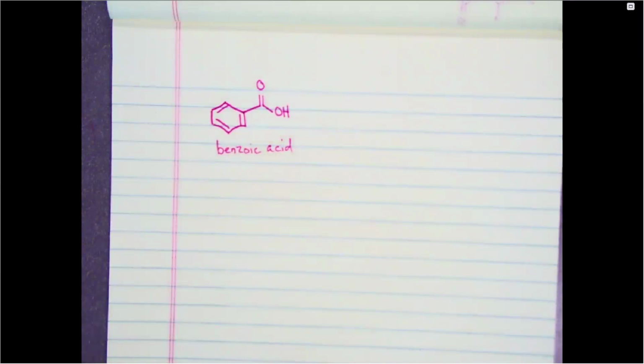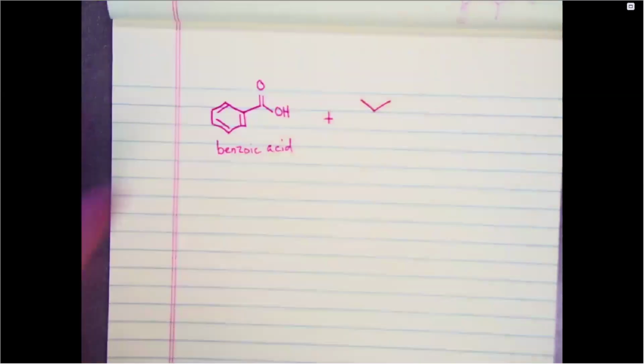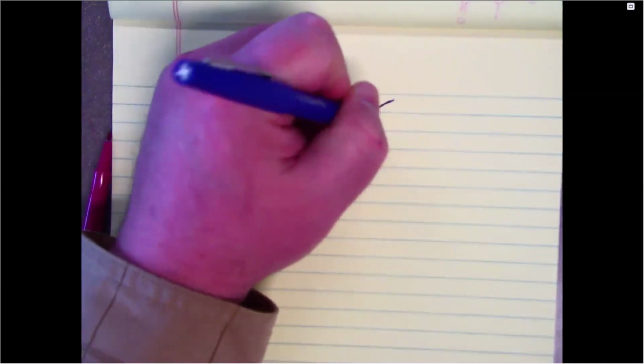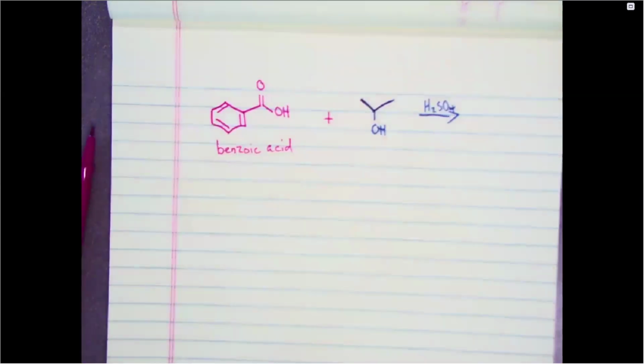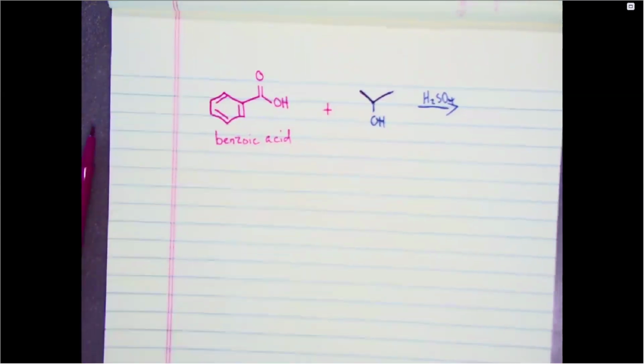So the same way that toluene is used instead of methylbenzene, benzoic acid is used instead of phenylmethanoic acid. But what we're going to do with this benzoic acid is we are going to treat it with 2-propanol. I promised you color coding. We'll do that. And if we use an acid catalyst, what would our products look like from that reaction?